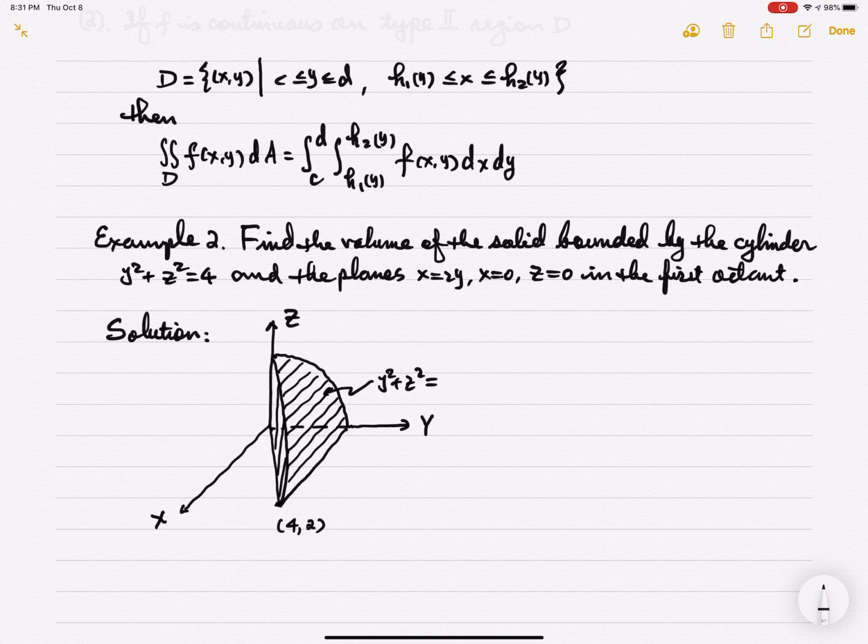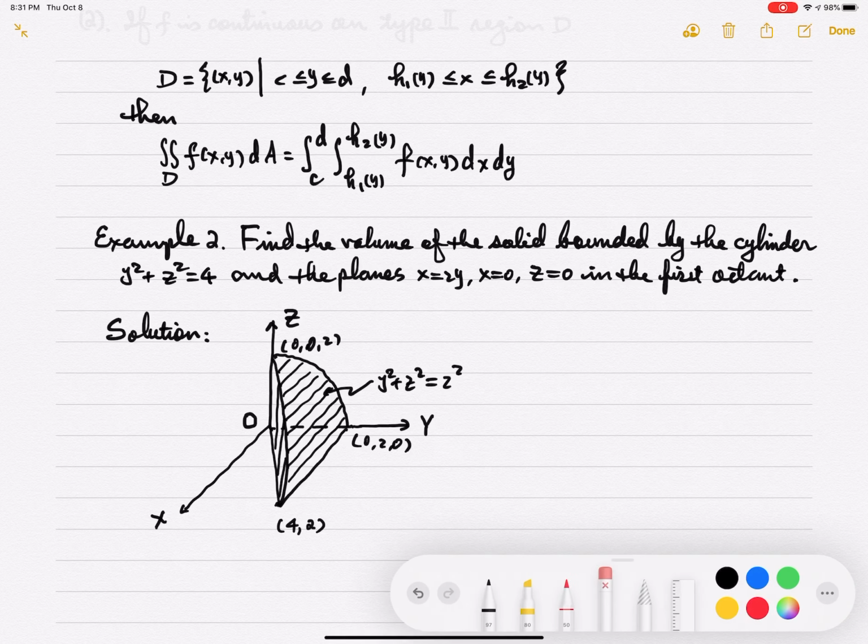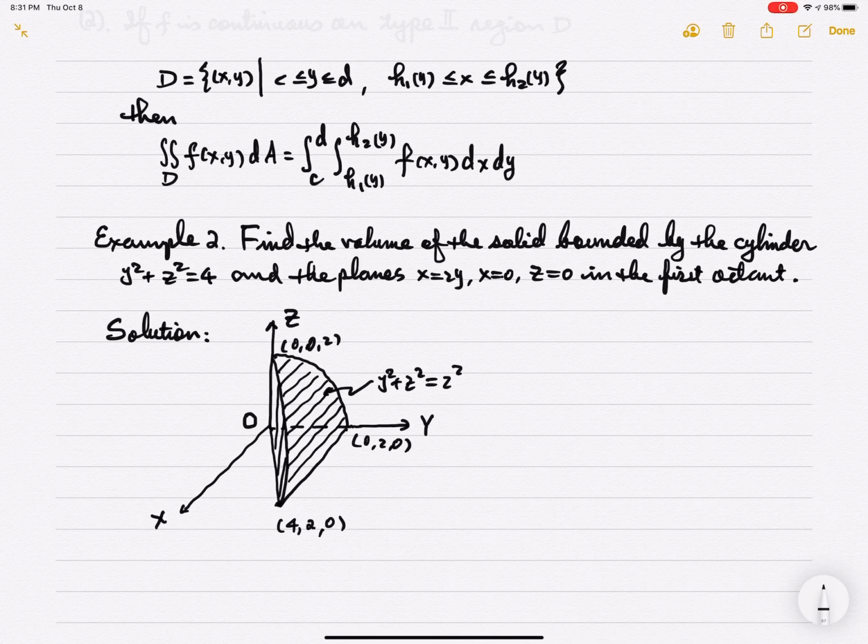Okay, so now you see this part is y squared plus z squared equal to 2 squared. And this is (0, 2, 0), and that's (0, 0, 2). This is the origin. I think here this point is z equal to 0.